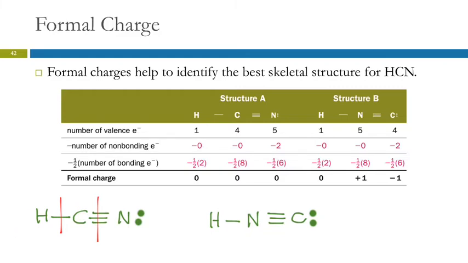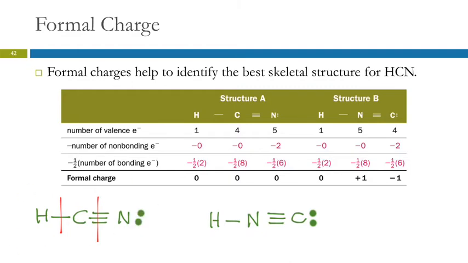Hydrogen's always going to have a 0 formal charge because it has 1 valence electron. It has to have 1 bond, and so it's always 0, so we can just ignore the hydrogen. Here's carbon. How many valence electrons did carbon bring into this molecule? 4. And how many is it leaving with? 4. 4 minus 4 is 0. So the formal charge on this one is 0. Nitrogen, it brings in how many? 5, and it leaves with 5. 0 formal charge.